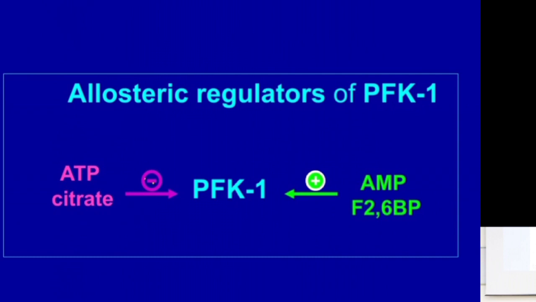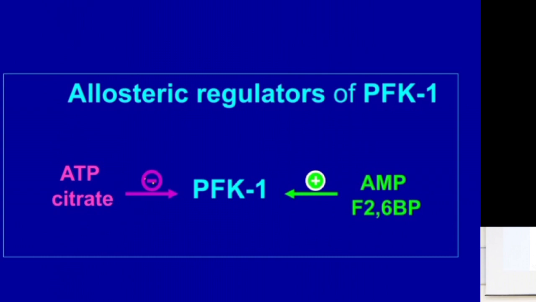Two important allosteric activators, AMP, and this new molecule, I want you to pay attention. It's called fructose 2,6-bisphosphate. It's distinct from this one, that's fructose 1,6-bisphosphate.